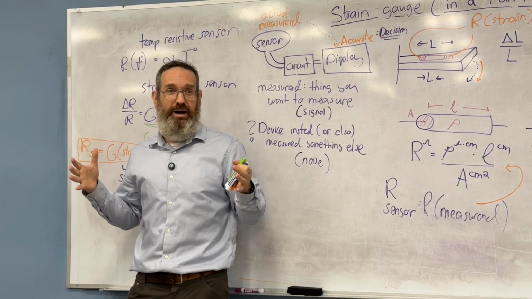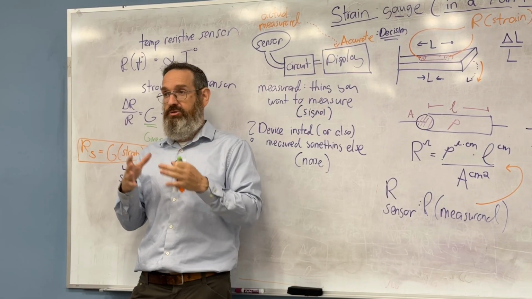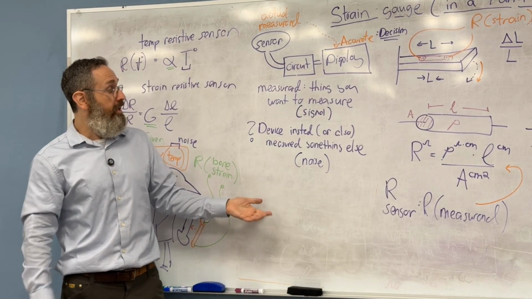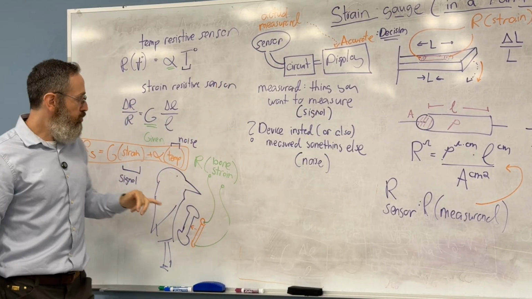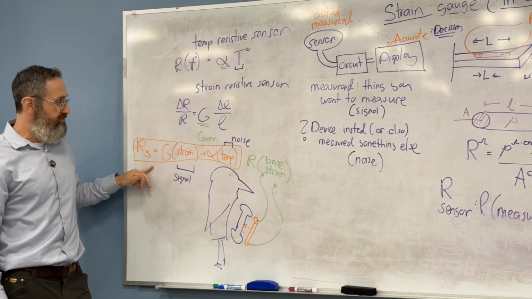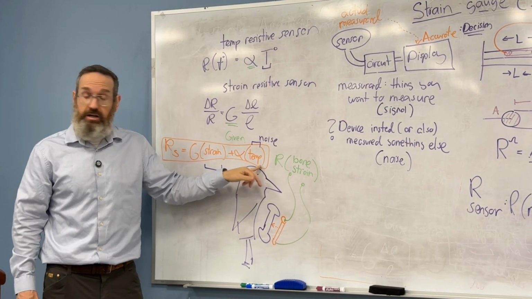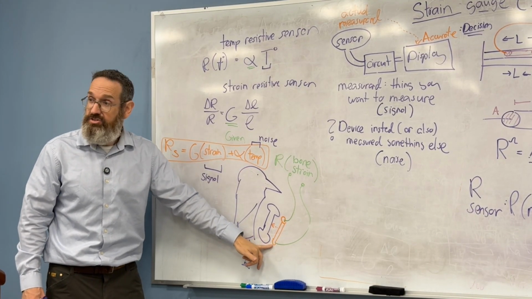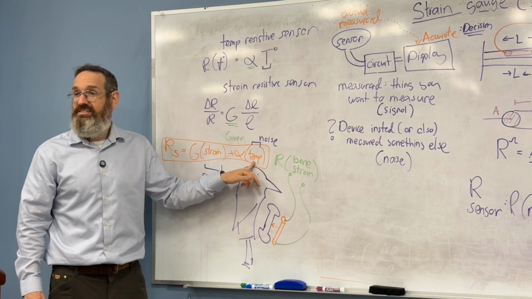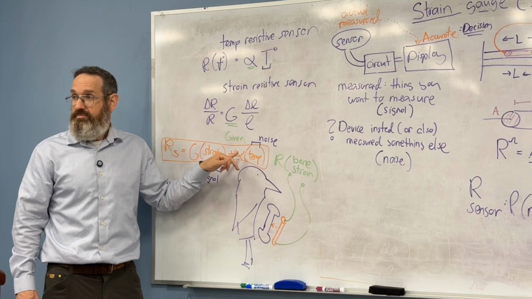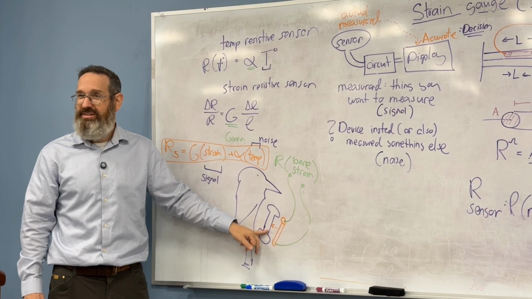In fact, all of biomedical instrumentation is dealing with signal to noise. But what I've realized is that it all shows up here. That's why in this example, it was very obvious that I could tell you this. You chose a sensor that was sensitive to strain and sensitive to temperature. And that's how the problem arose.